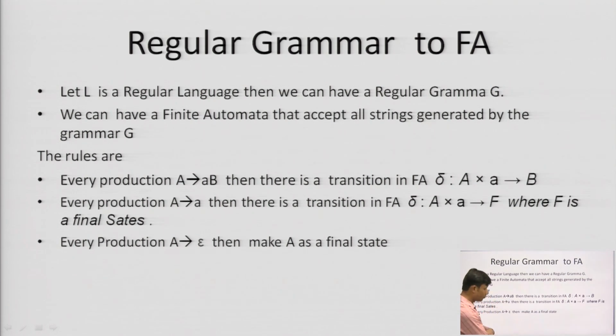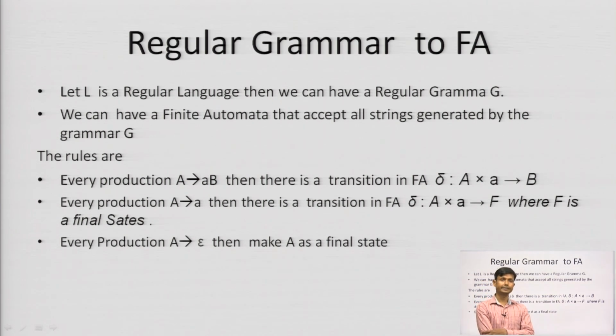What are the rules to convert regular grammar to finite automata? Every production A to aB, where A and B are variables, becomes a transition in the finite automata, where these are the states. Capital A is a state, the input alphabet is a, and it goes to state B. Another rule: every production A to a becomes a transition to the final state.